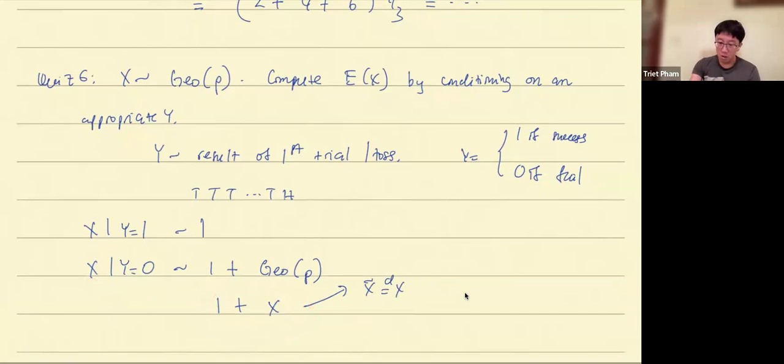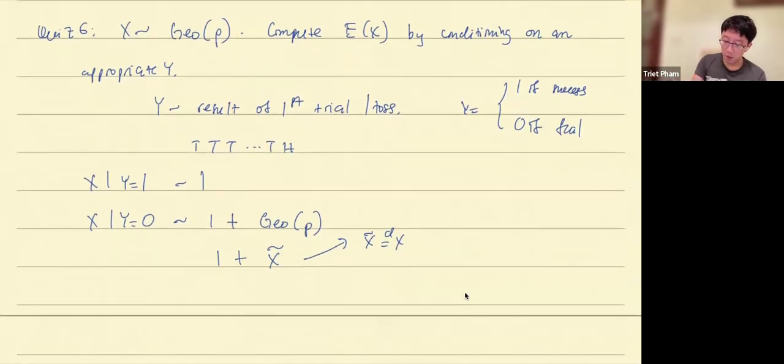Okay. So basically, we're saying that if the first trial is a failure, then we lose 1 trial and we repeat the same experiment. But of course, we already lost 1 trial, so the original count is not the same as the next count, but we're just going to repeat by saying that we want to look for the first success again.